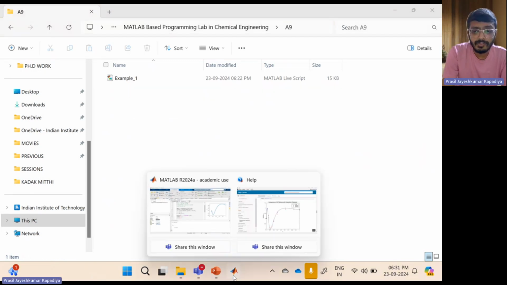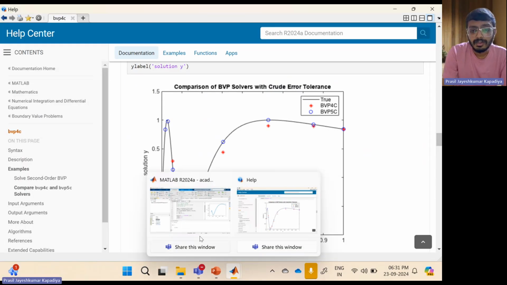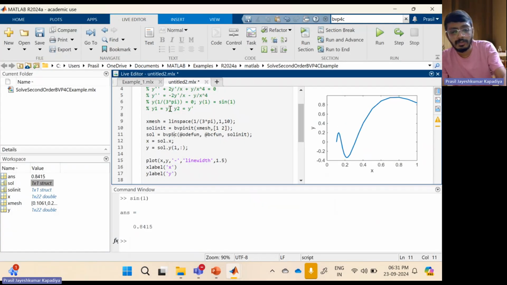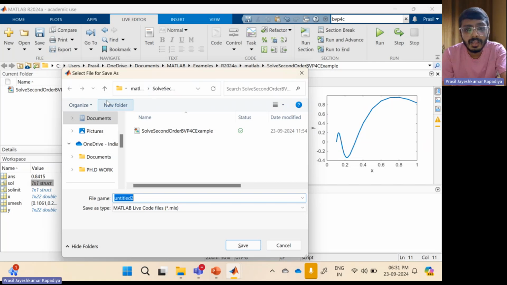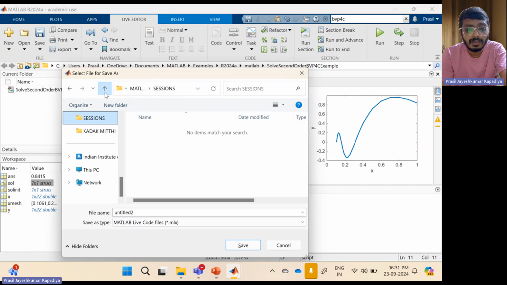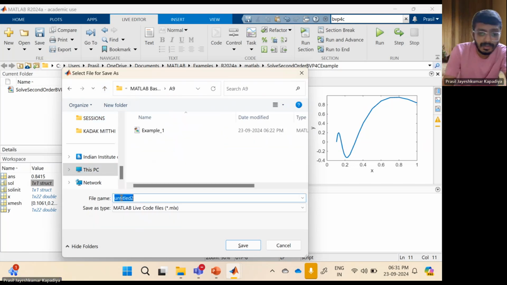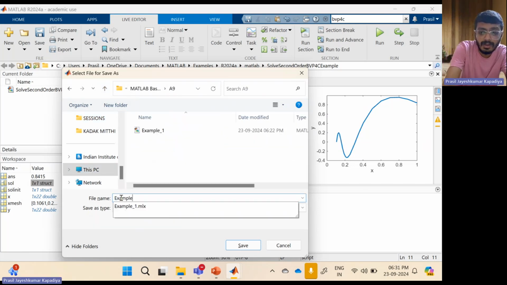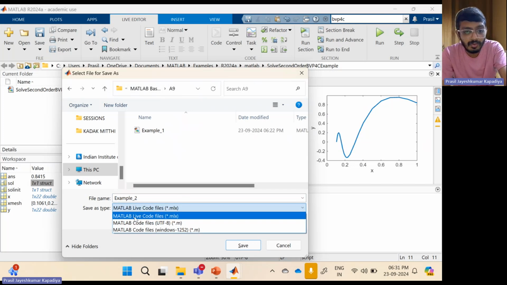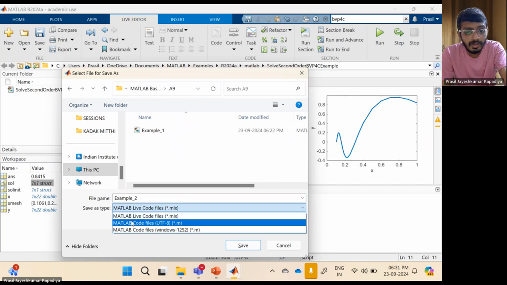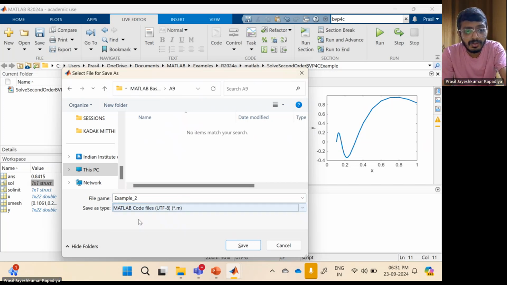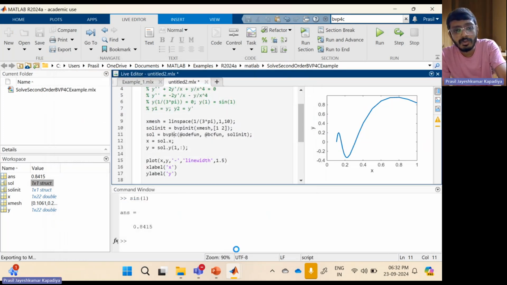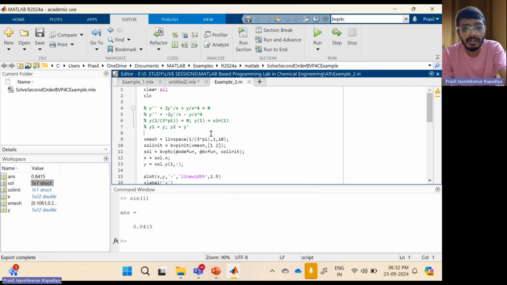I don't want data. I want everything. So let's say Control S. Why is it automatically saving there? I don't know. Example underscore 2, dot m. Yeah, it is saved like this.